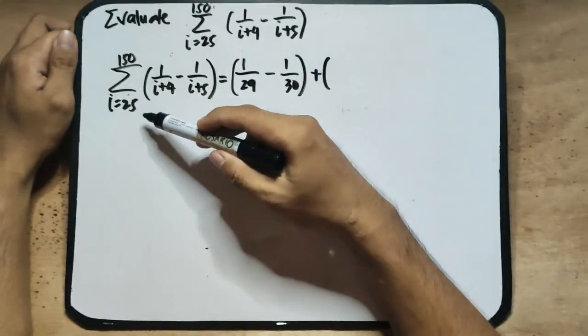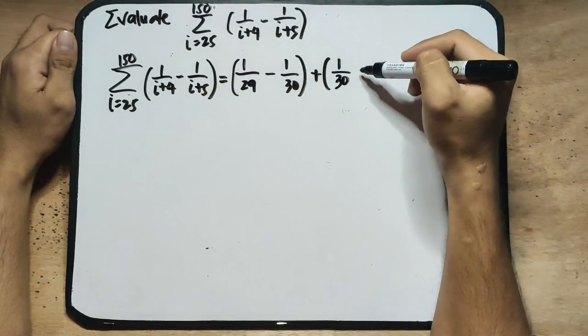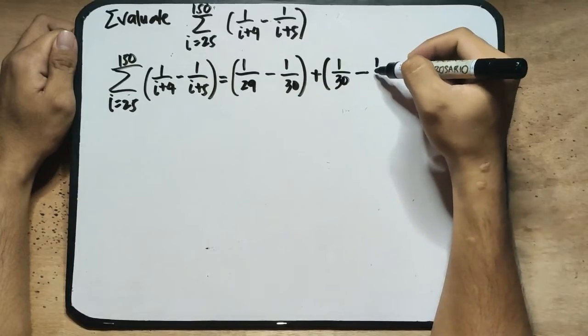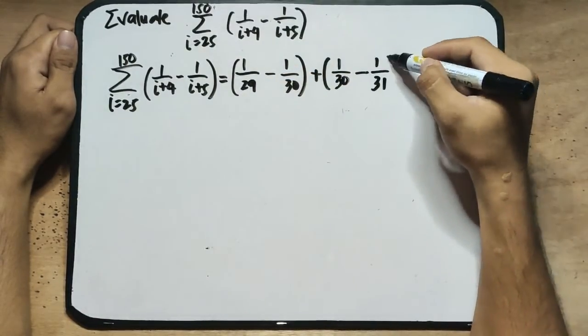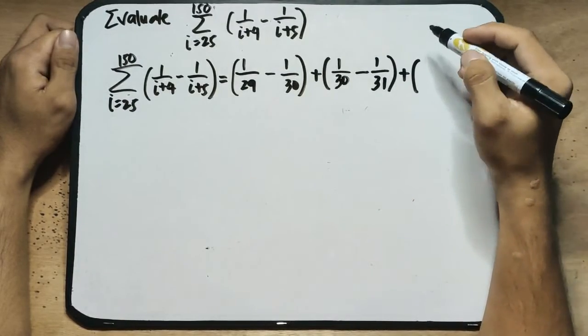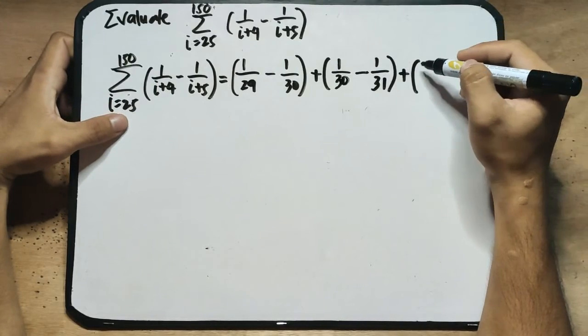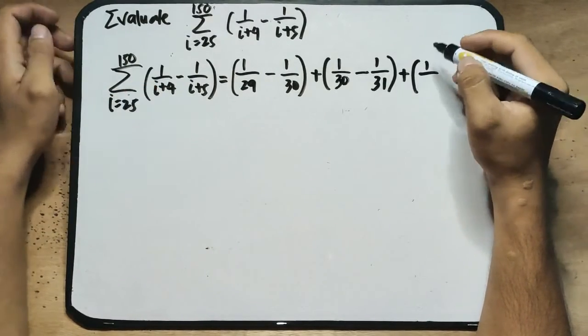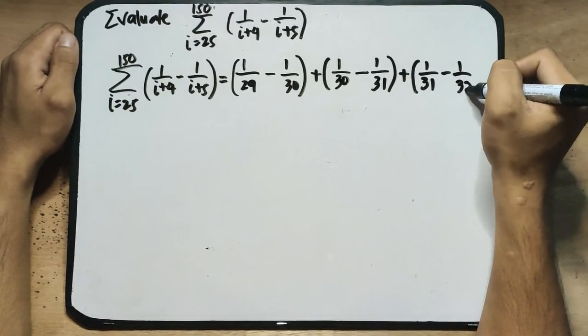If I is 26, then we have 26 plus 4 is 30, and then 26 plus 5 is 31. Plus, if I is 27, then we have 27 plus 4 is 31, and 27 plus 5 is 32.